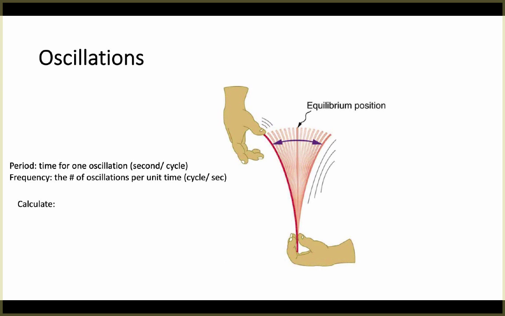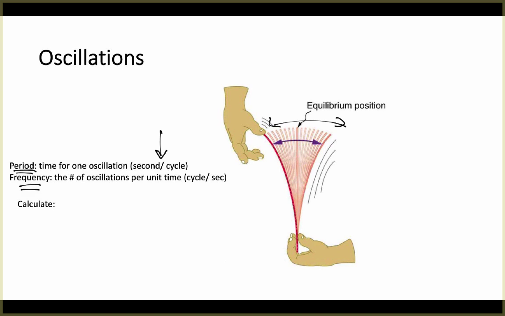And so we have these terms called periods. Remember, we were talking about periodic motion. This is how long one oscillation or movement takes, and we look at that in terms of seconds per cycle. And then the frequency.